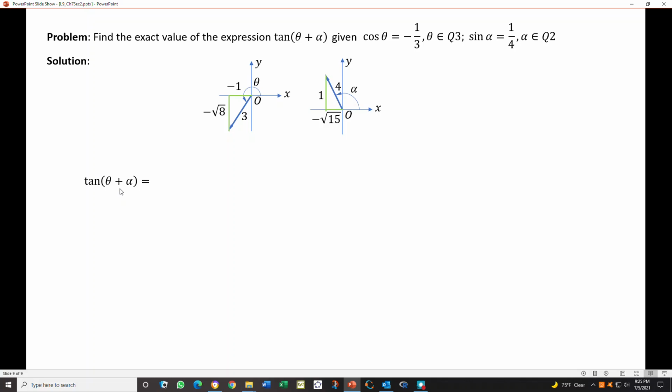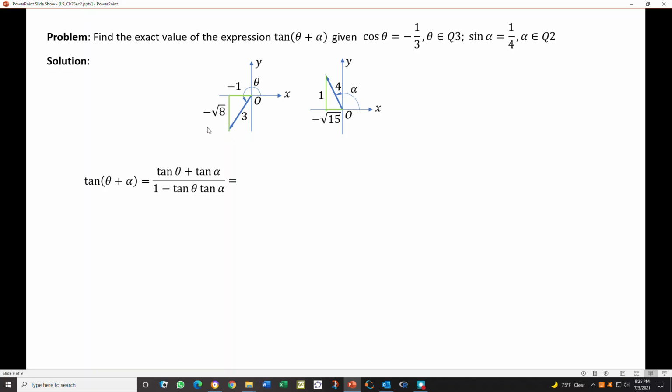So tangent of theta plus alpha. What's tangent of a plus b? Tangent a plus tangent b over 1 minus tangent a tangent b. So that's exactly what I did here. Now, do we know how to find tangent theta? Yep, go to this triangle and ask it.